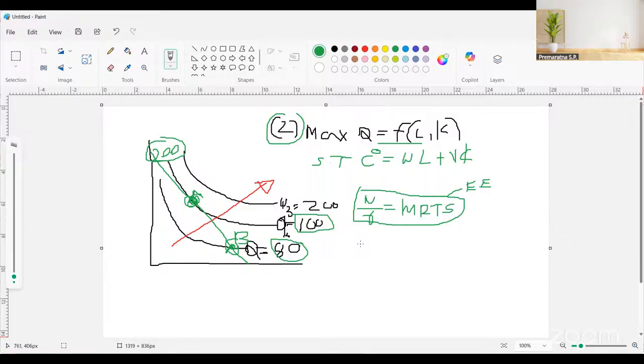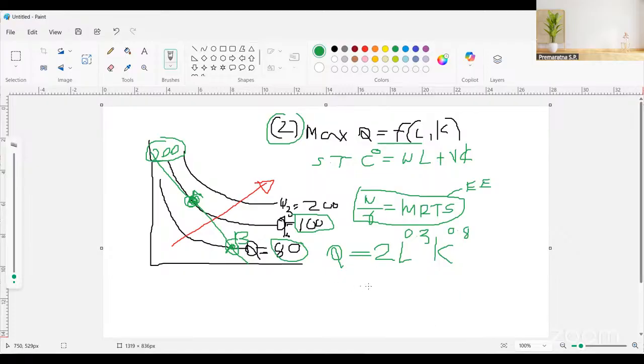Now, with the exam, I can give a question. For instance, I can give a production function like this, let's say 2L, 0.3, 0.8.